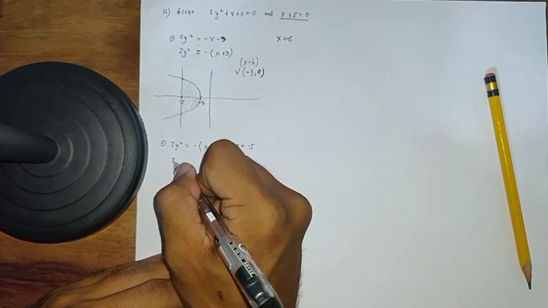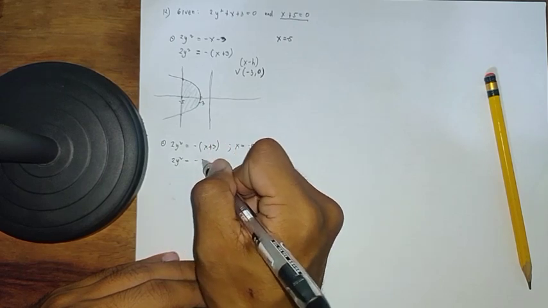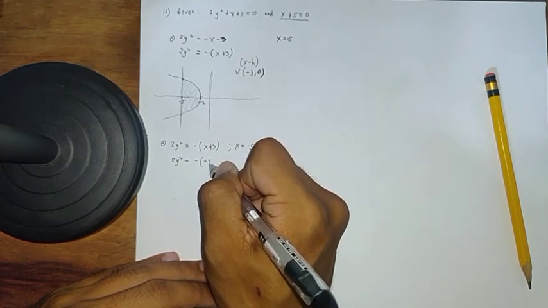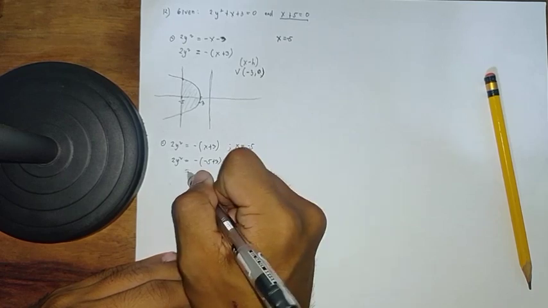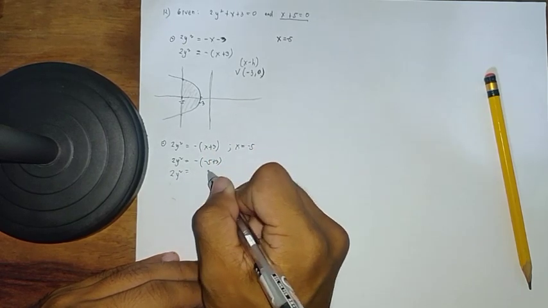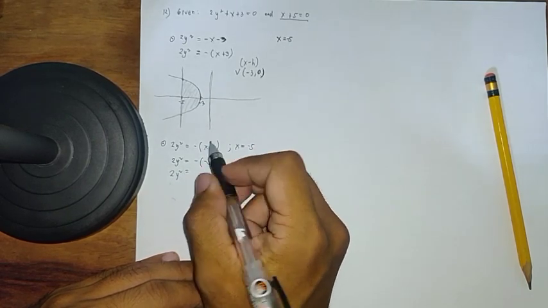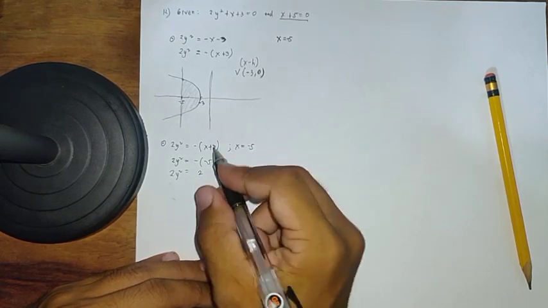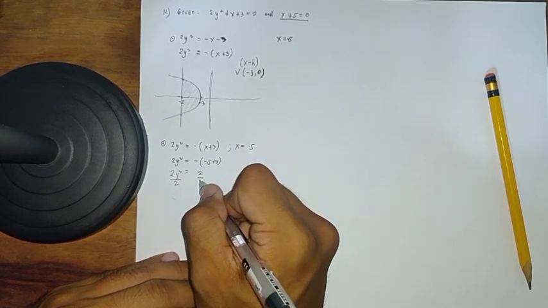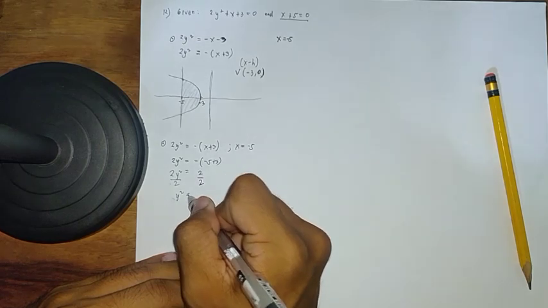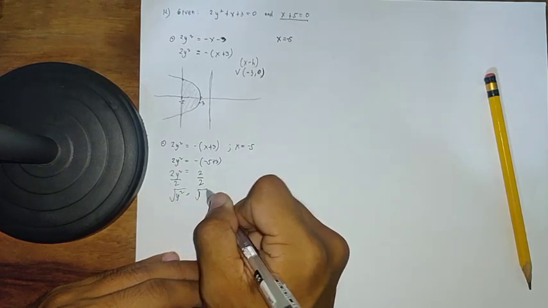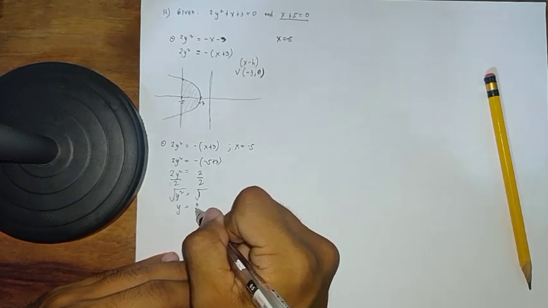So, ipa-plug in lang natin 2y squared is equals to negative times the quantity negative 5 plus 3. So, 2y squared is equals to 2. Divided by 2, divided by 2. So, y squared is equals to 1. Square root both sides of the equation, y is equals to positive negative 1.